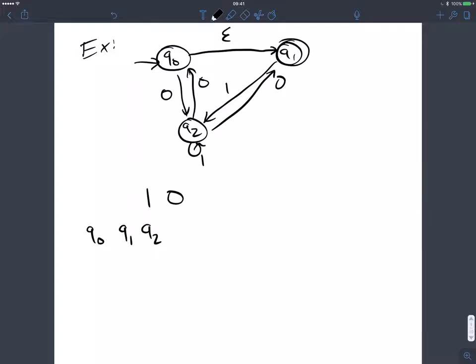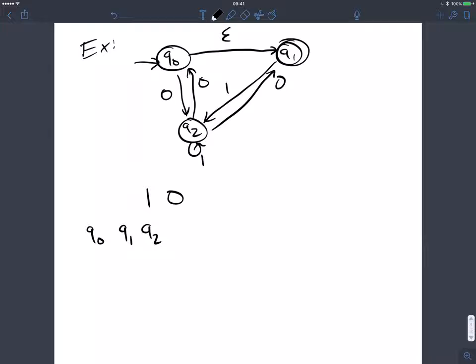Well, I'm in Q2 now. Now I have a choice, right? I could either go back to Q1 reading a 0, or I can go to Q0 reading a 0. So will both choices allow me to eventually accept? Yeah, so if I happen to pick the Q2 to Q1 transition, I immediately will accept because the input is exhausted now.